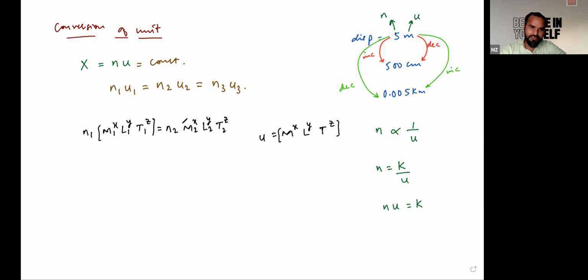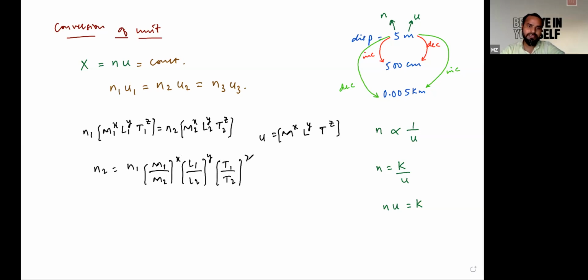So here we have compared these two terms on the basis of dimension. We have to solve for N2 from this expression. So N2 is equal to N1 times, with M, L, and T moved to the other side, M1 over M2 whole raised to the power x, L1 over L2 whole raised to the power y, and similarly T1 over T2 whole raised to the power z.